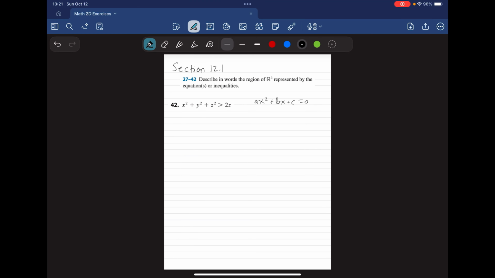And more generally, for us to be able to rewrite a quadratic in the form a times x plus or minus some number b prime, squared, plus some other number c prime.